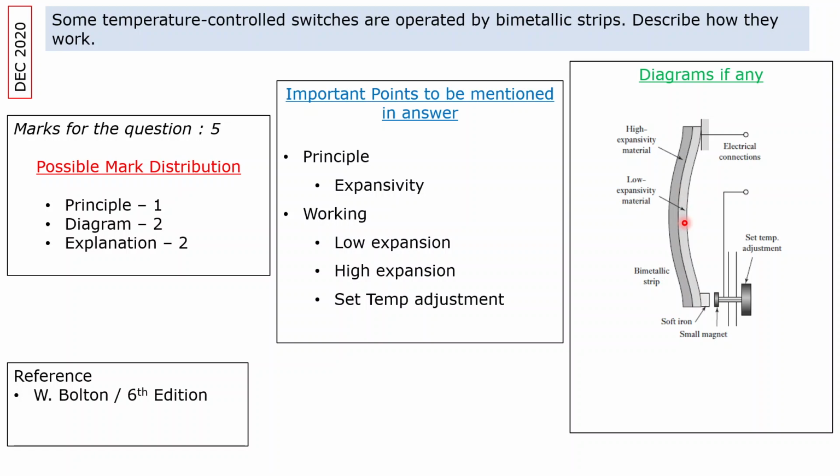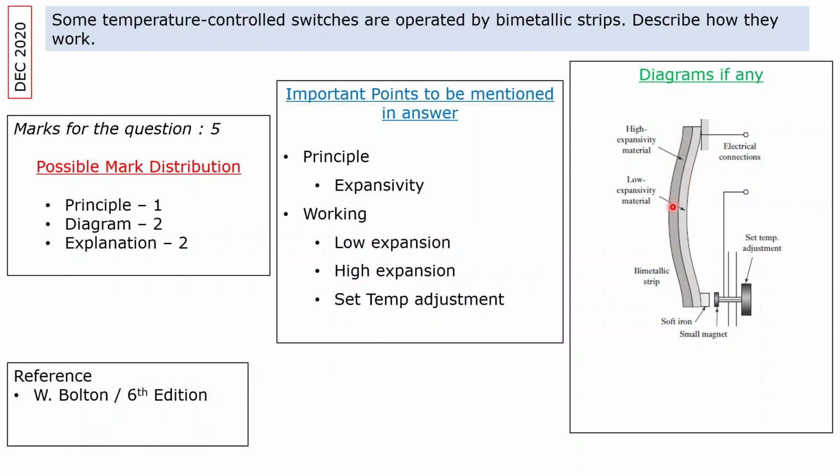Okay, and what happens is that when the current is given, the temperature increases, and this will get expanded, and during expansion at a preset temperature, this soft iron will be getting detached from the small magnet. Okay, and when the temperature is less than the set temperature adjustment, this will again get the curved nature.